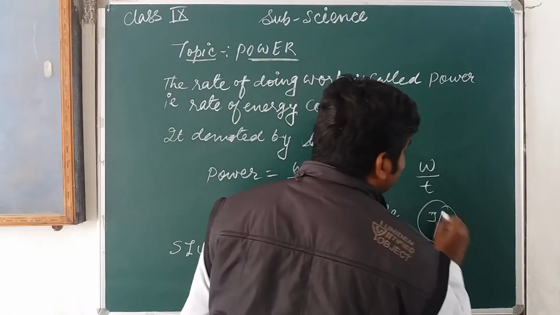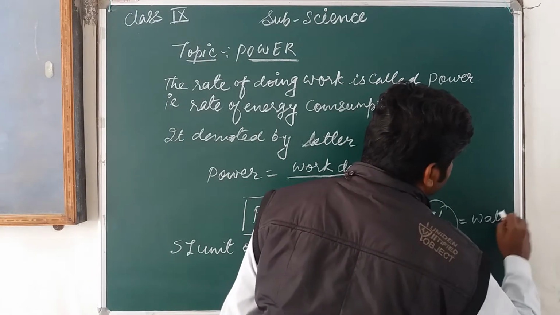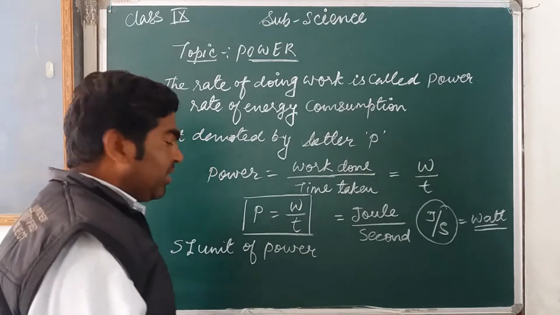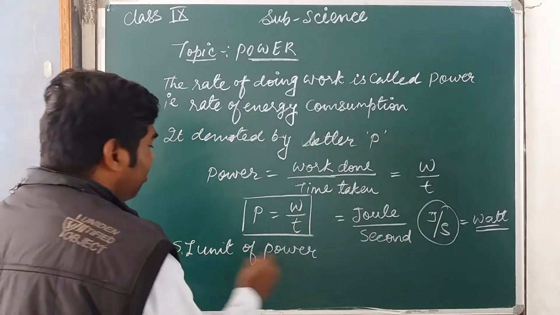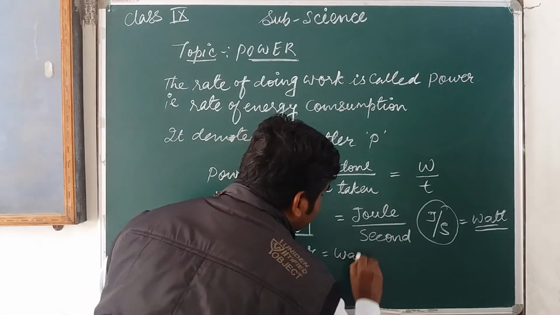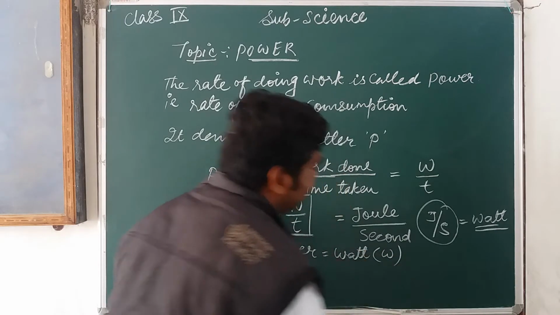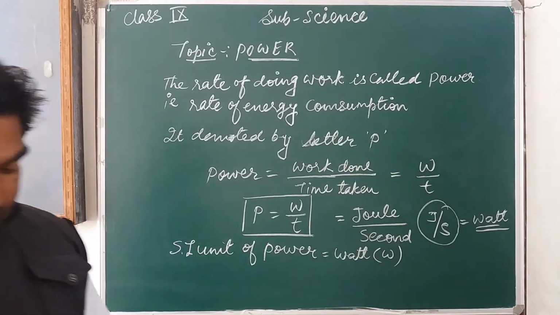This joule per second is known as watt. So the SI unit of power is watt, and this is denoted by the letter W.